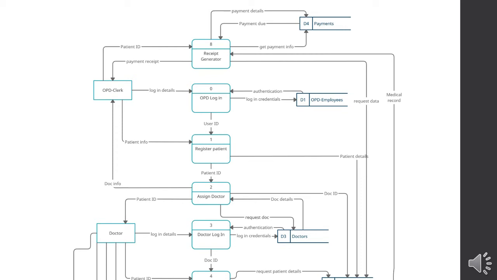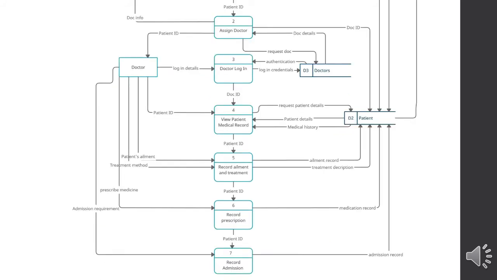So we get to the next person, which is the doctor. The next person using this system is a doctor. After login using the doctor ID, we get to the fourth process, which is view patient medical record.